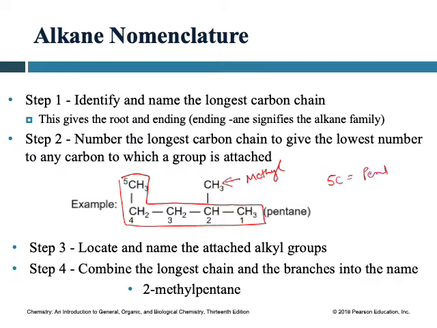And how to name the parent chain? You have to count 1 2 3 4, 5. If you have 5 carbon, what's the name? Pent. 5 carbon is pent, but because this is an alkane, the ending word should be ane. That's why it's called pentane, right?